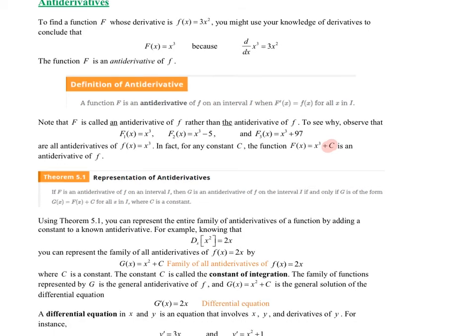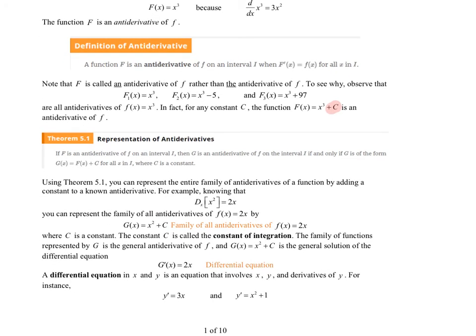Using Theorem 5.1, you can represent the entire family of antiderivative functions by adding a constant to the known antiderivative. For example, we know that the derivative with respect to x of x squared is 2x. You can represent the family of all antiderivatives of f of x equals 2x by, so what they're saying is if you take the derivative of x squared, you get 2x. So x squared is the parent function, right?